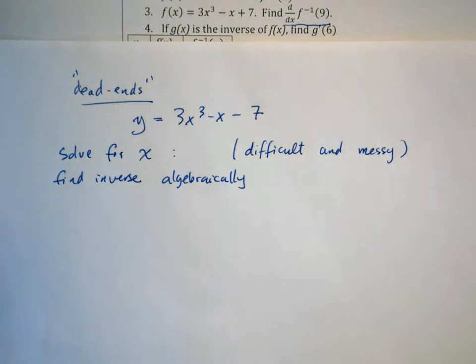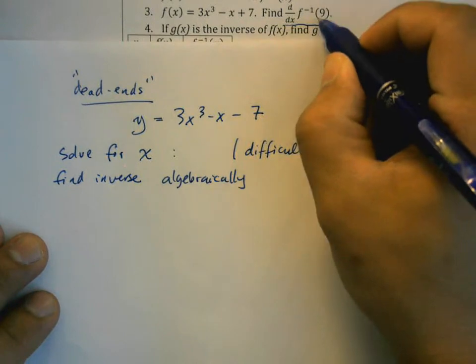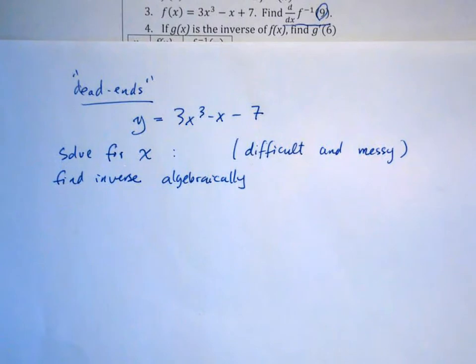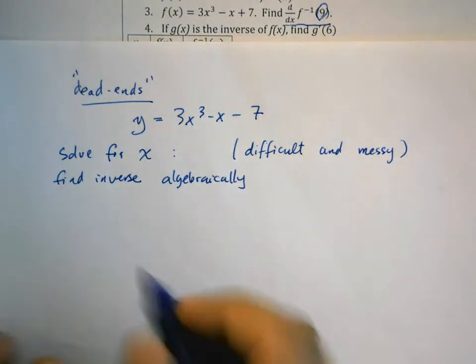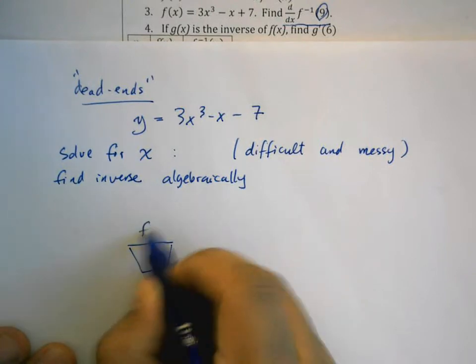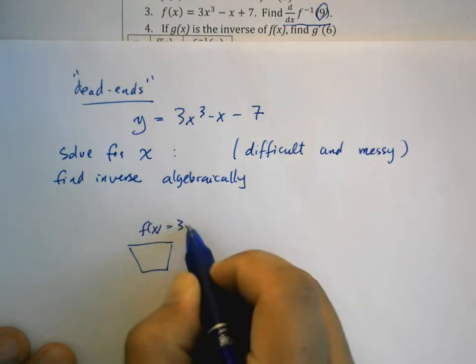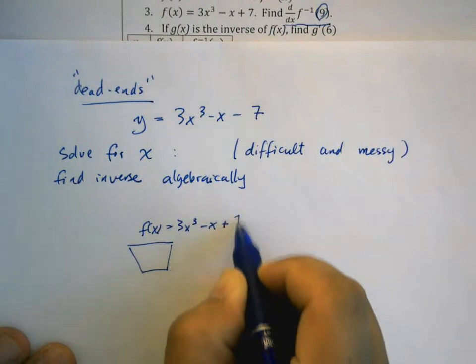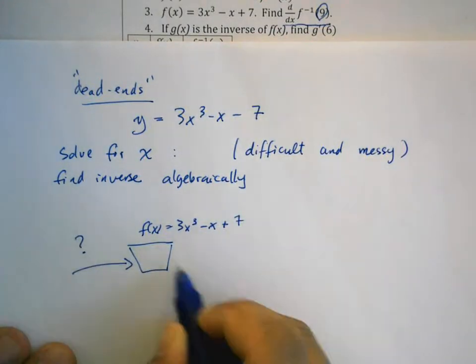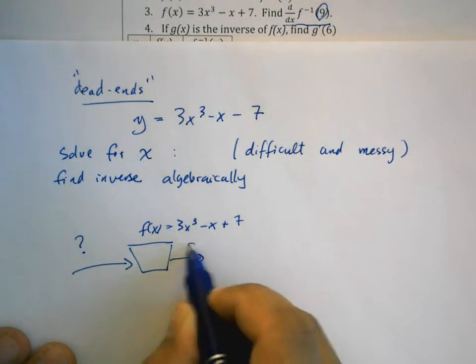Okay. So what we want to do instead is look at the fact that all we're dealing with here is the inverse at a particular value. In other words, we have a function, f of x equals 3x cubed minus x plus 7. We're going to feed something into it, and then we're going to get out 9.